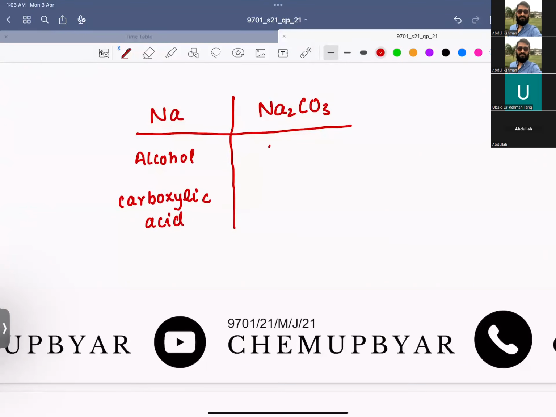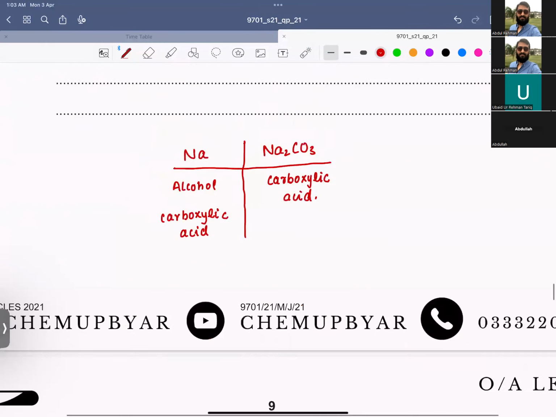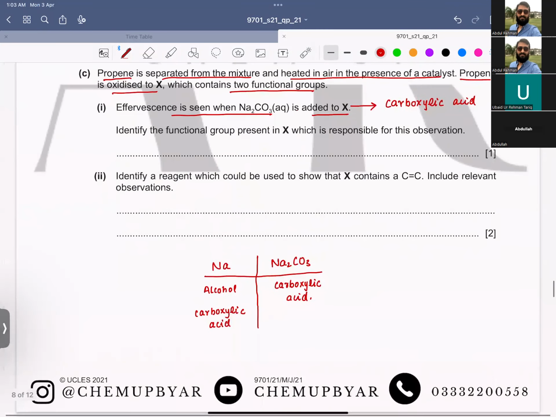But with sodium carbonate, only carboxylic acid, out of all the organic compounds that we have studied, reacts. Sorry, only alcohol and carboxylic acid react with sodium. Now, identify the functional group present in X which is responsible for this observation. So we have already concluded that it is carboxylic acid.